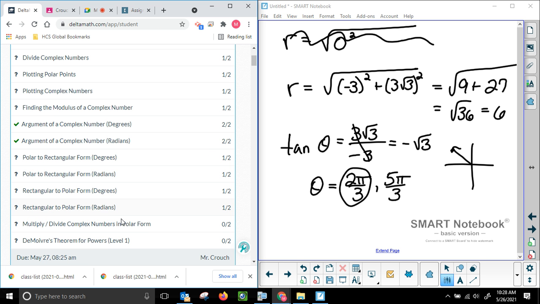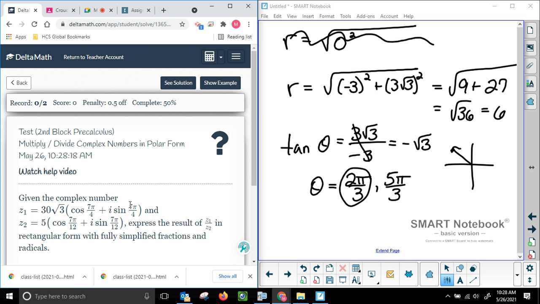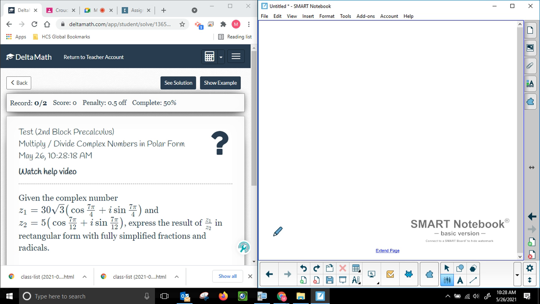All right, so now we go on to multiplying and dividing complex numbers. So here it says, given the complex numbers z1 and z2, express the result of z1 over z2 in rectangular form. So it's giving it to us in trigonometric form, but it wants our answer in rectangular form, which is standard form, a plus bi.